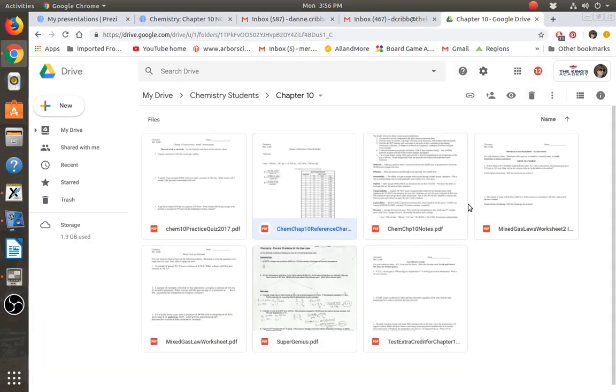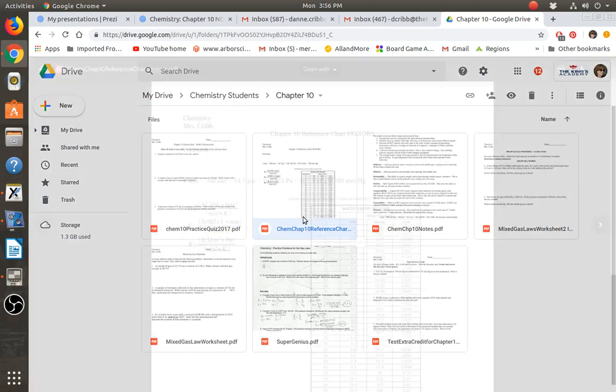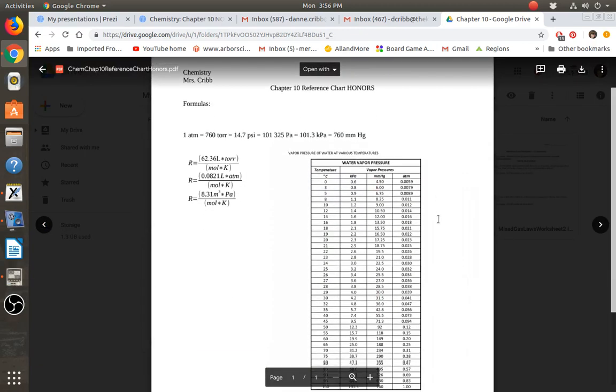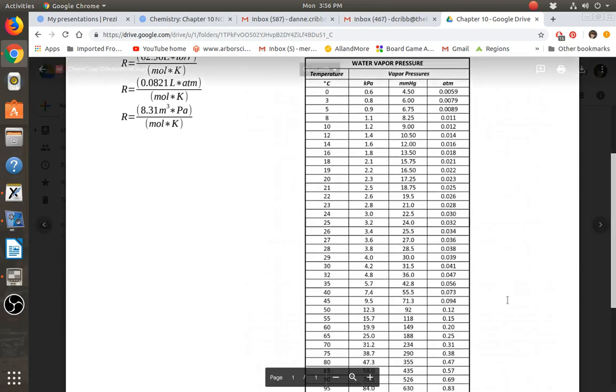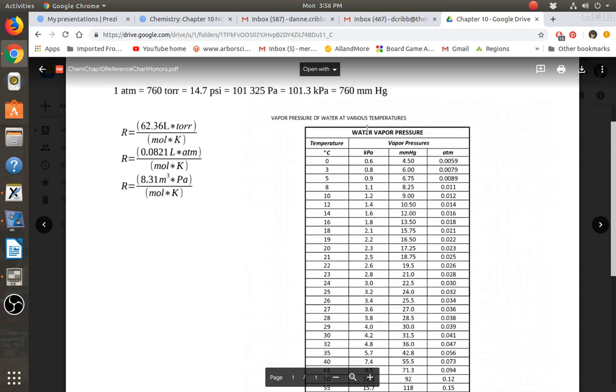Right, what I did is I went to the student Google Drive to chapter 10, and here is the reference chart. I'm just showing you where it is, but I've also printed them out. Okay, so let's look at this. I'll try to get it a little bigger. All right, notice this part is called water vapor pressure right here.